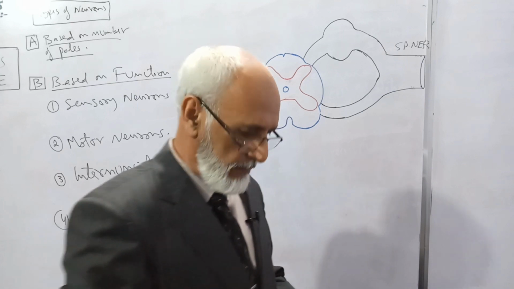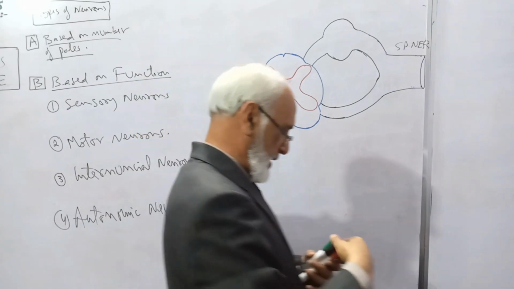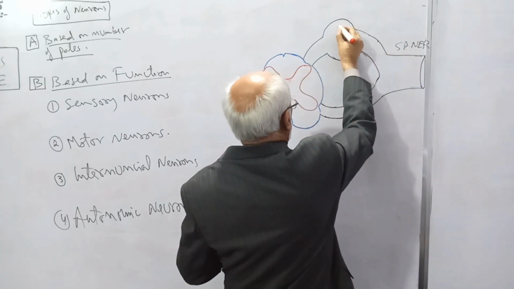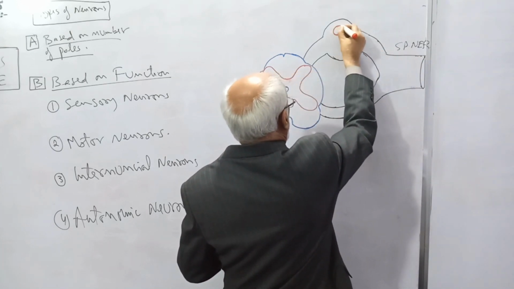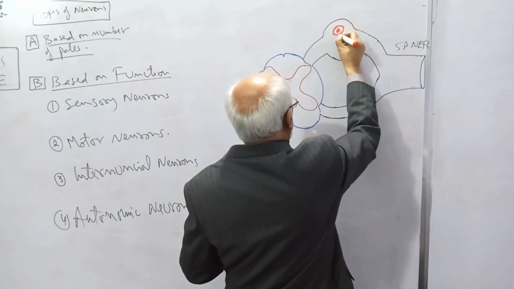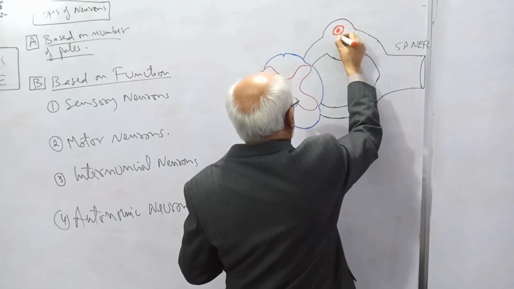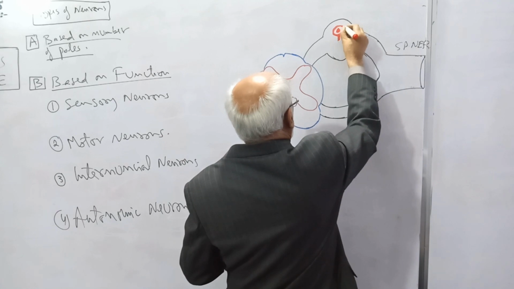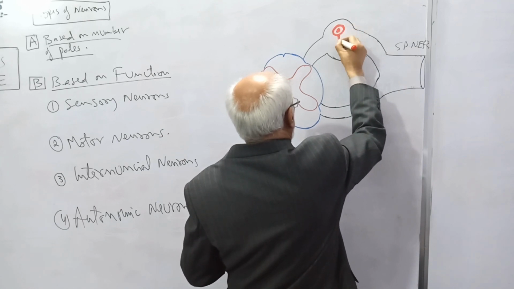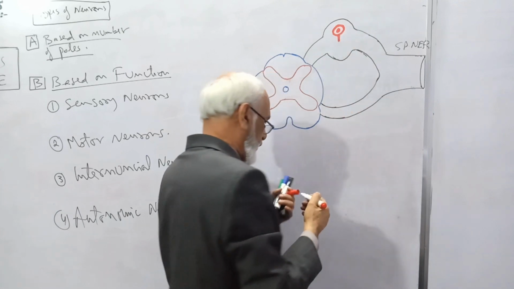Now spinal nerve. Here in the spinal ganglion, there are several neurons. I will draw only one neuron. Unipolar neuron, as I described just now, neuron having one process, one pole.